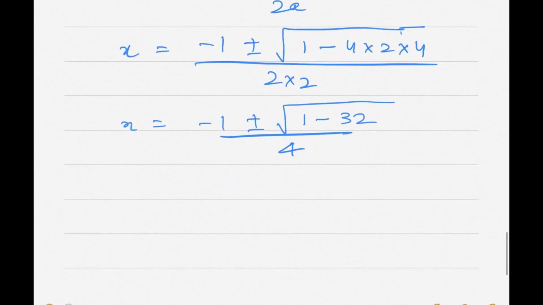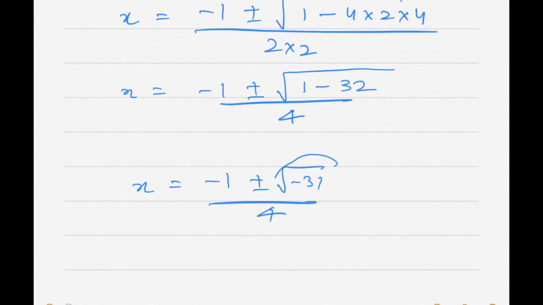So x is equal to minus 1 plus minus root of minus 31, by 4. This is the root of minus 31, which is an imaginary value, right?